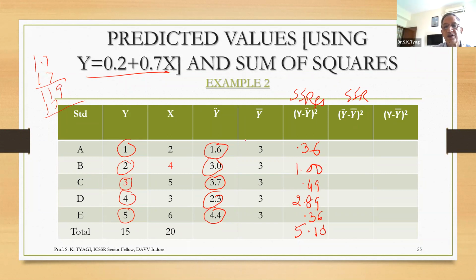So 3 minus 1.6 is 1.4. 1.4 multiplied by 1.4 is 1.96. 3 and 3, difference is 0, so 0. 3.7 and 3, 0.7, so square is 0.49. And then again 4.4 and 3, 1.4, so same thing, 1.96.